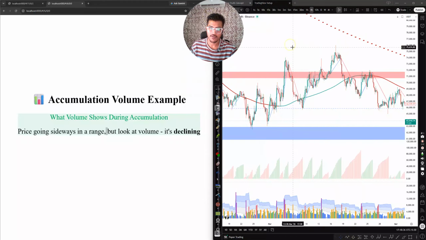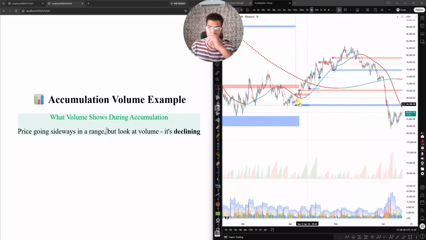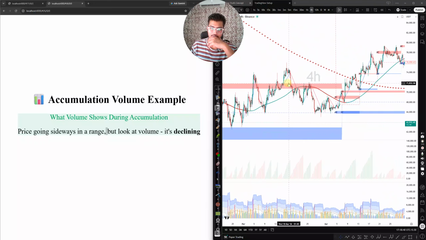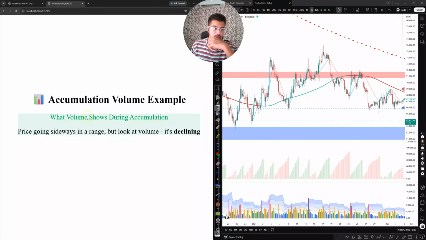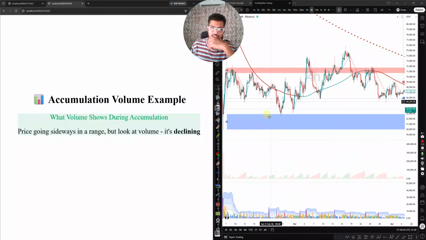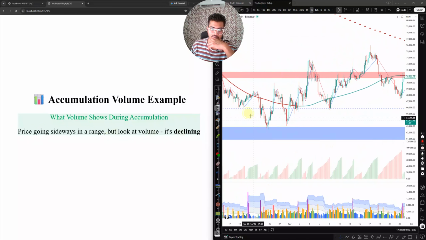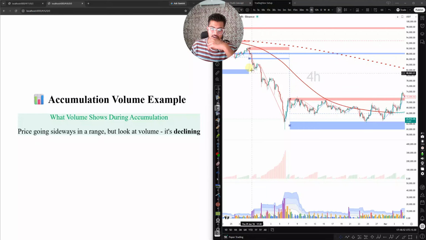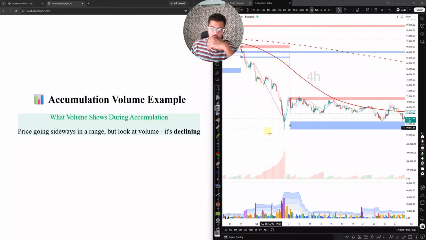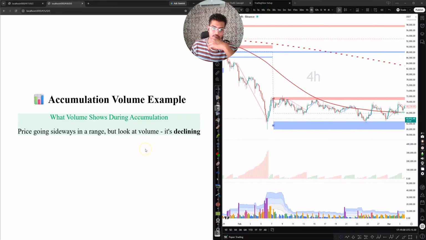So let's check it out. Okay, so here price is going sideways in a range. Yes, it does. Look at the volume. Check it out. So see here, we had a very big down wave volume, then upside, and a range was formed.